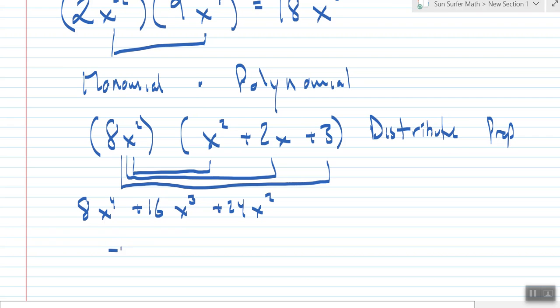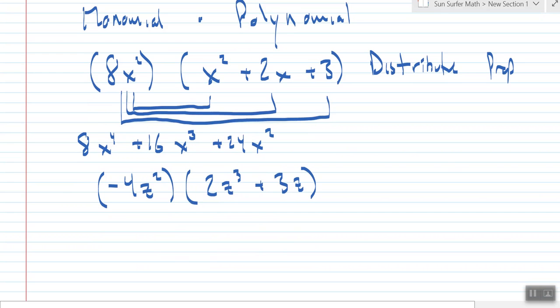One more, negative 4z squared times 2z cubed plus 3z. So this is a polynomial, but specifically it is a binomial, bi meaning two. There are two monomial terms being added together, so it is a binomial.